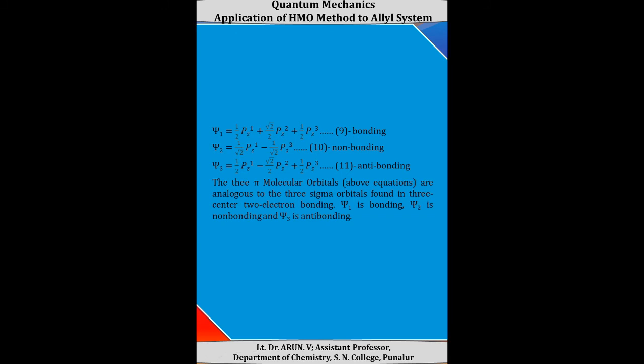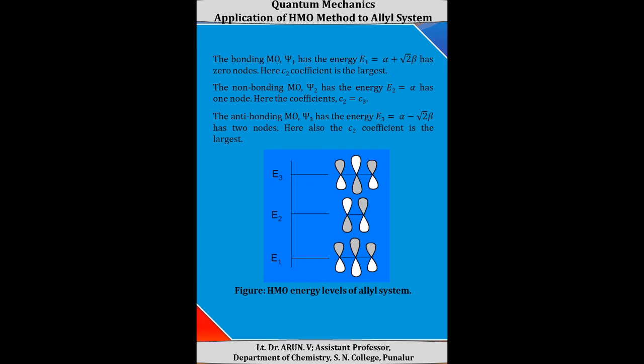Therefore, the three Huckel molecular orbitals are psi1, psi2 and psi3. Psi1 corresponds to bonding, psi2 to non-bonding, and psi3 to antibonding. The 3 pi molecular orbitals are analogous to the 3 sigma orbitals found in the 3 center 2 electron bonding. The bonding molecular orbital psi1 has the energy E1 equal to alpha plus root 2 beta, has 0 nodes.